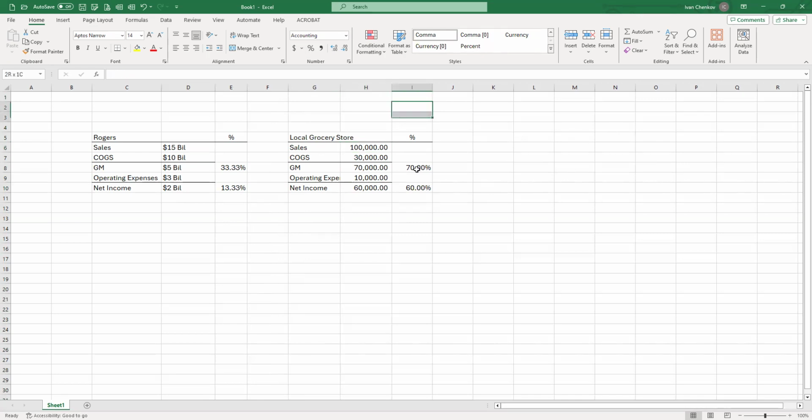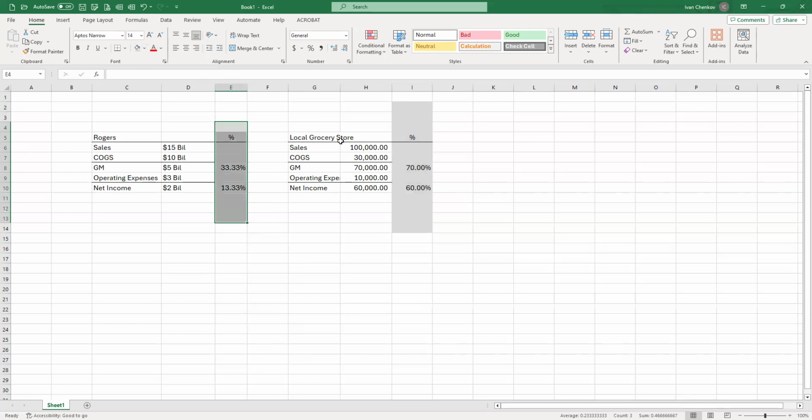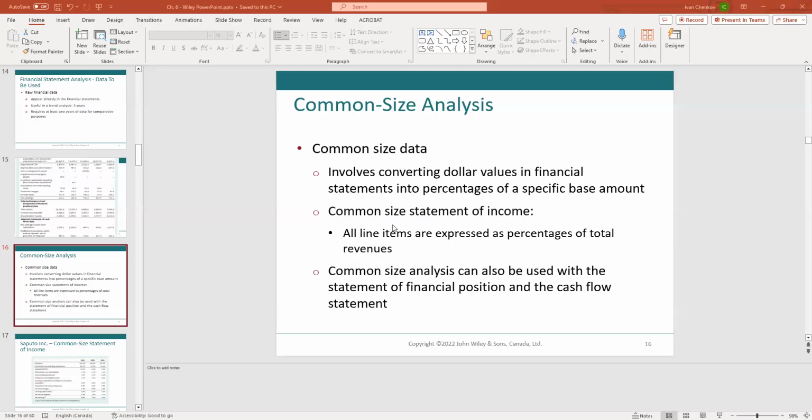Understand, when you move to the ratio, that's your common size financial statement analysis. So let's go back to the slides and start talking about the common size analysis. It involves converting dollar values into percentages on a specific base amount.